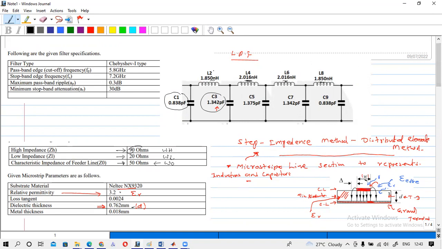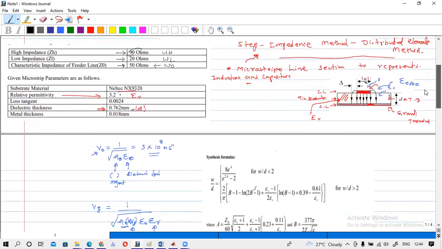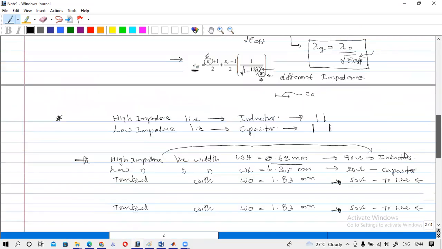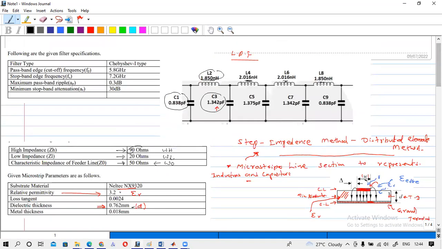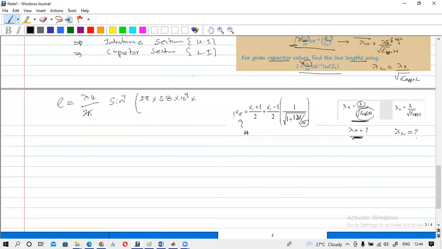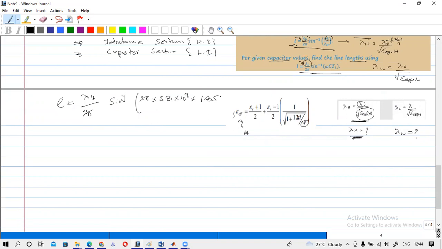So if you want to calculate the length related with this inductance, that is 1.885 nanohenry. So this L is 1.885 nanohenry.